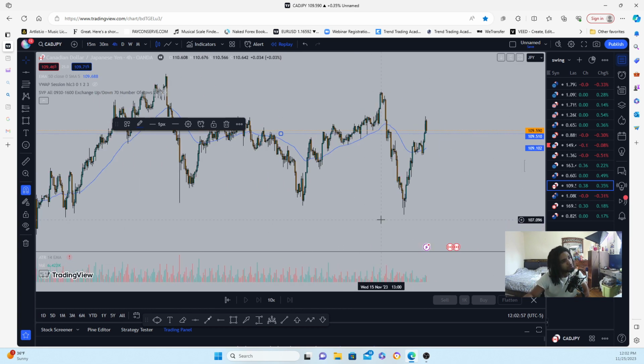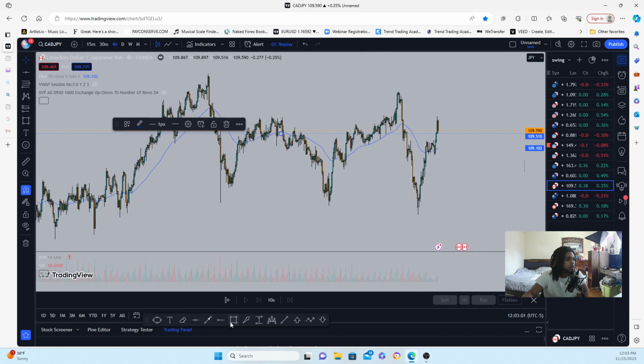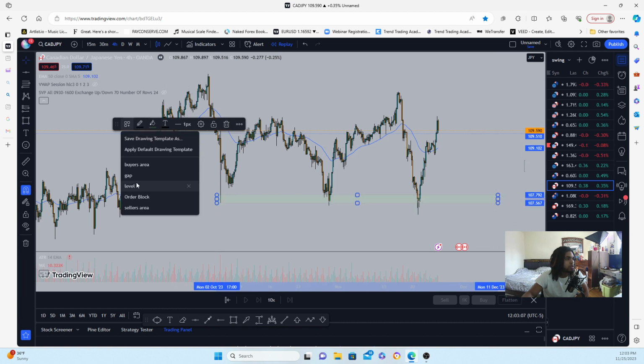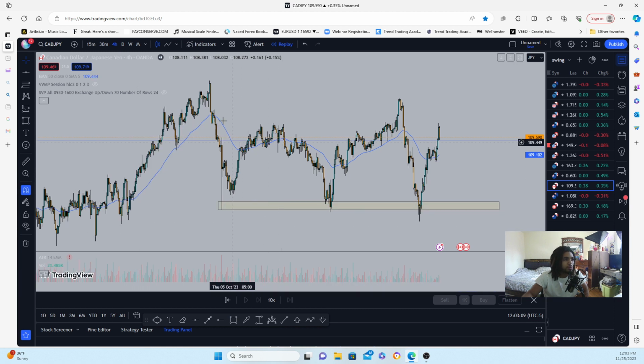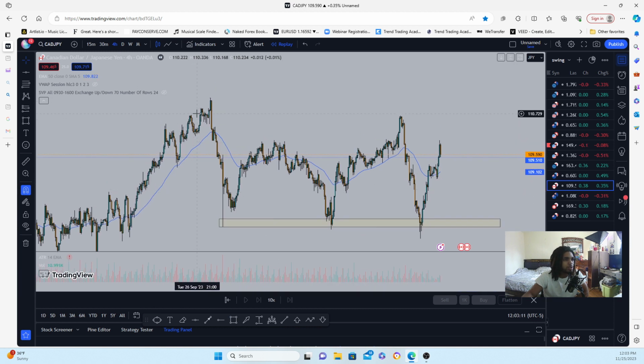Let's go to the 4 hour. So we're gonna go ahead. Got these touches right here. Boom. That is just a level. And then we got a level going on, right? We got a breaker structure in the past previously.